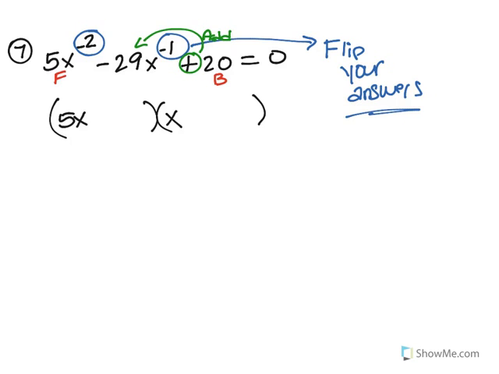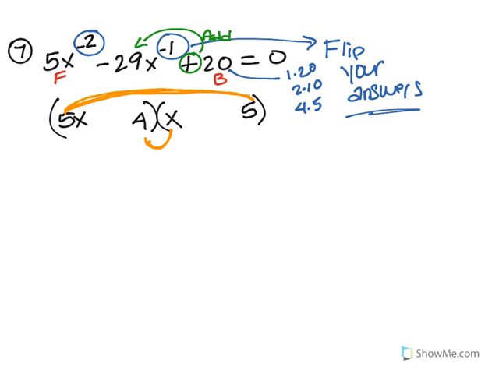Now 20, on the other hand, you've got 1 and 20, 2 and 10, and 4 and 5, okay? So the 2 numbers I'm going to use are going to be 4 and 5, because in my head I'm already multiplying my outside, inside.